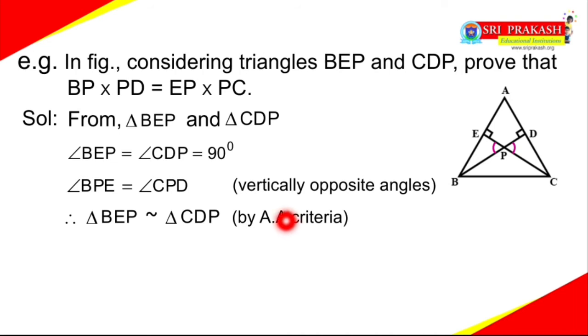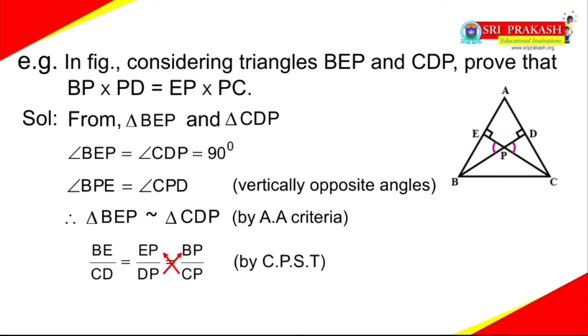Children, we know that if two triangles are similar, then the ratio of the pair of corresponding sides are equal. Then we get BE by CD is equal to EP by DP is equal to BP by CP, by CPCT.